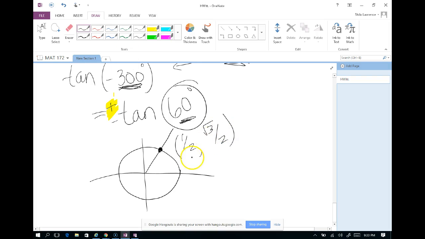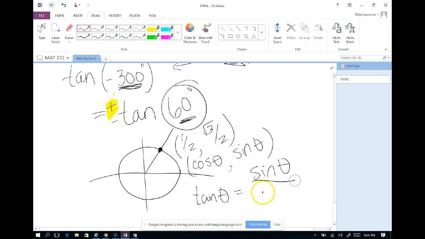Now these values are really important because they tell us cosine of that angle and sine of that angle. And we can get tangent with those numbers because tangent is equal to sine over cosine. And on our unit circle, we have both of them. So we need to take the sine value, which is the second value, and divide it by the cosine value, which is the first value.